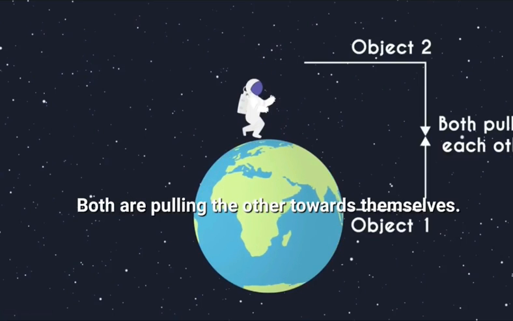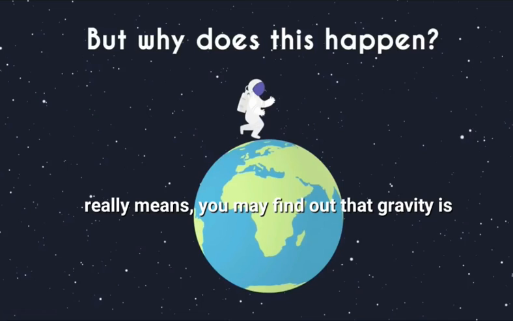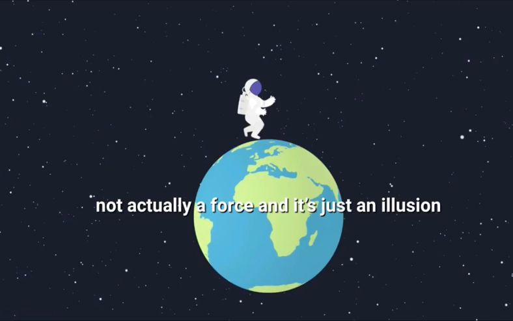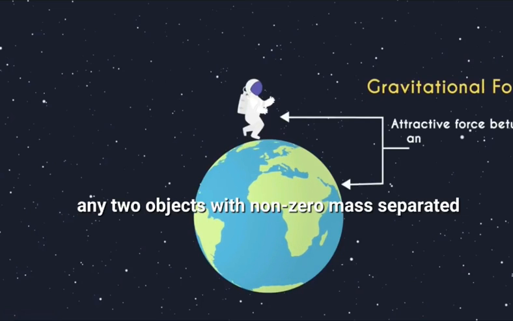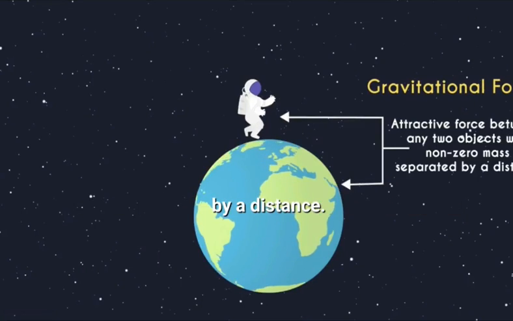Both are pulling one another. But why does this happen? If you do a lot of study into what gravity really means, you may find out that gravity is not actually a force and it is just an illusion. So for now, it is enough to know that gravitational force is just the attractive force between any two objects with non-zero mass separated by a distance.